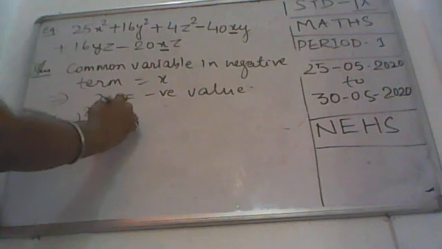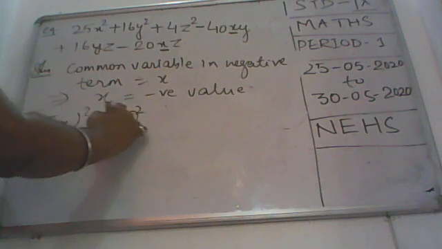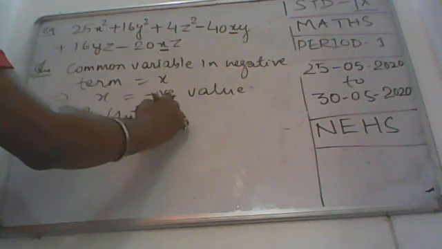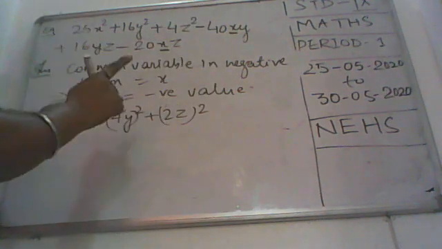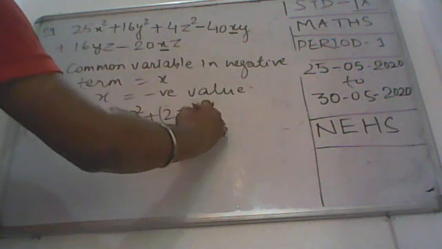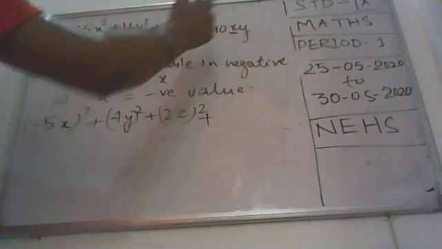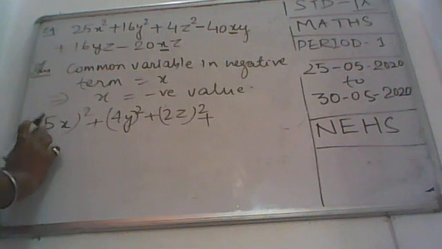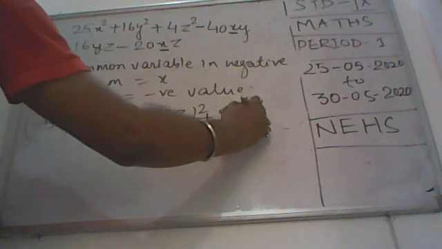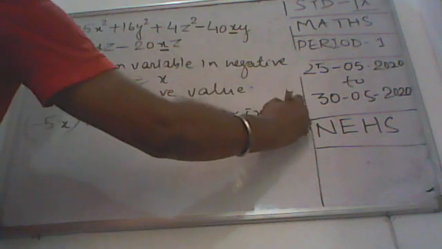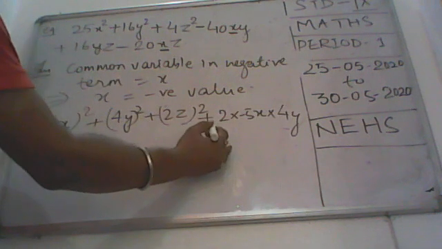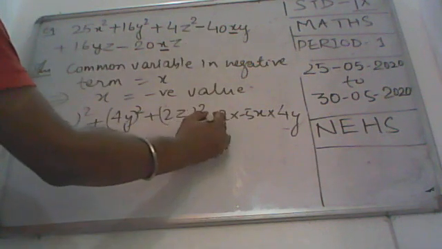This one is 4y square. This one is (2z) whole square. And this one, because we need plus in my original formula, will be plus only. But x into y, that means the x term is minus 5x, 2 into minus 5x into the y term, 4y. So now see one thing, it is equal to minus 40xy, but I have written plus.